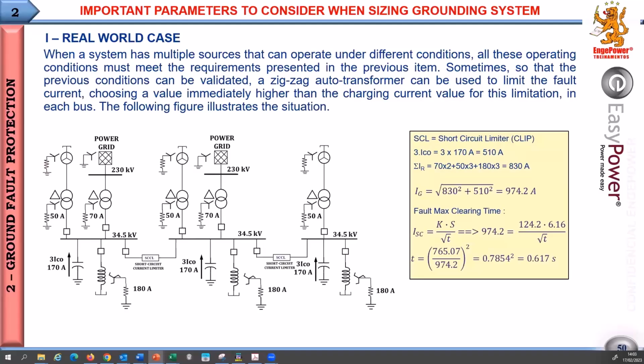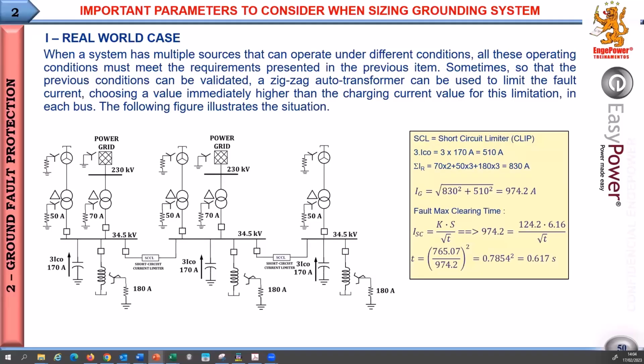What we provided here, in order to have any operational condition, is a zig-zag auto transformer here, limiting the current just above the 3IC0. Doing this, we will not depend on the resistance of our sources. You see, that's the philosophy that was used here.